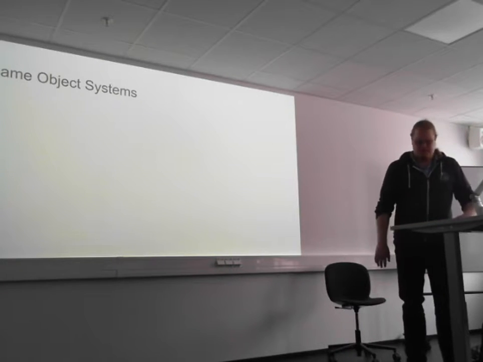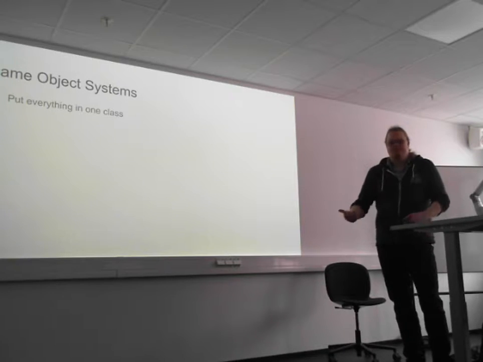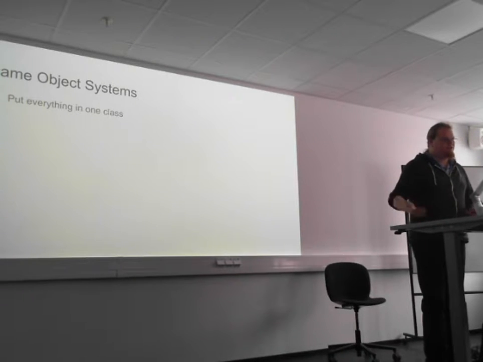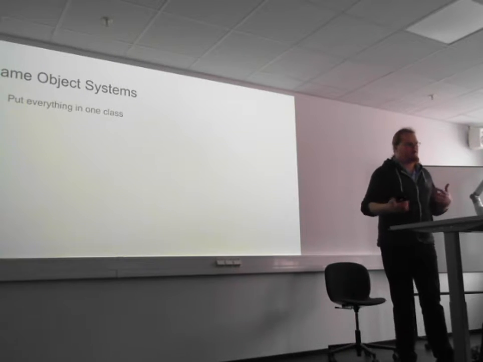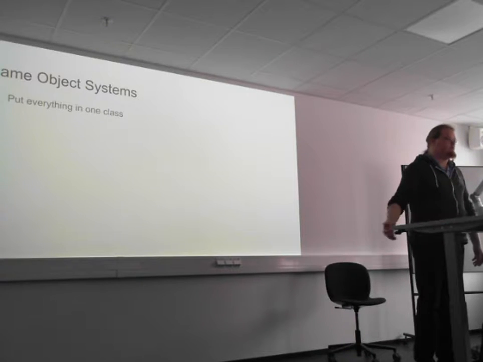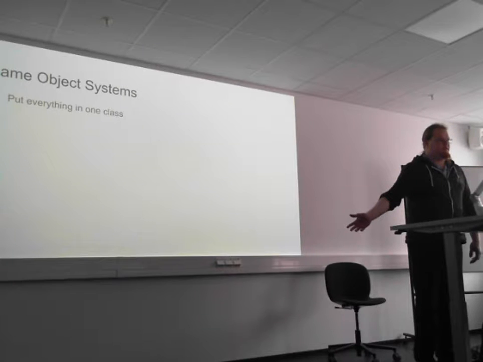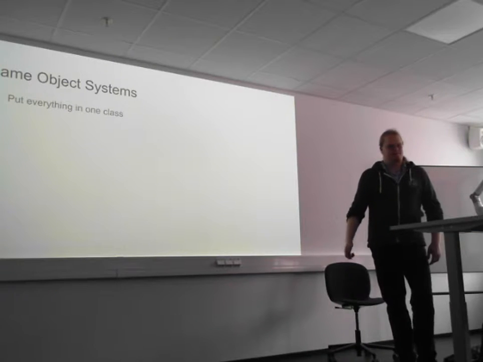Game object systems. There's many different approaches to doing this. So we're not talking about, let's say you're doing your Pac-Man game, we're talking about how do you actually model Pac-Man and the different attributes that exist within Pac-Man. I've seen a bunch of you go with putting everything in one class, or a more object-oriented inheritance-based model.